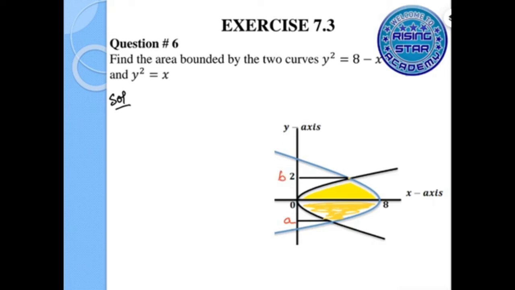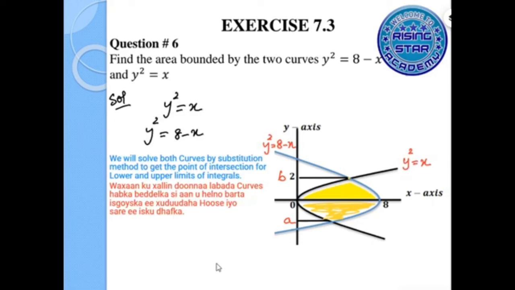So we need to find the point of intersection between these two curves. So let's see the working. Now we will compare both of the curves by substitution method to get the result. So let's see.